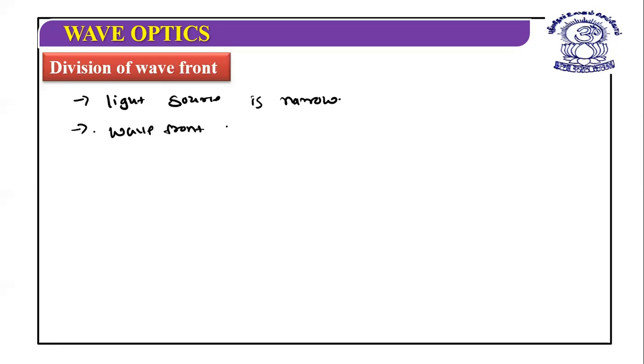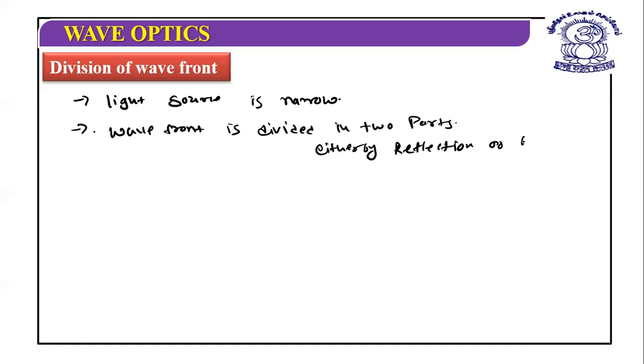So the wavefront is divided in two parts, either by reflection or by refraction. The coherent sources obtained are imaginary. It is important to note.